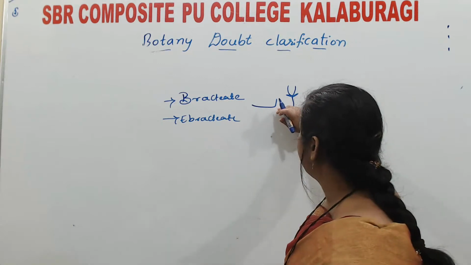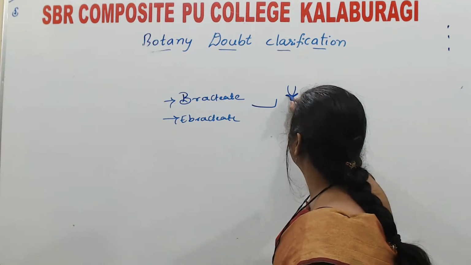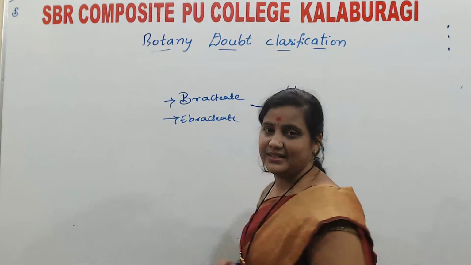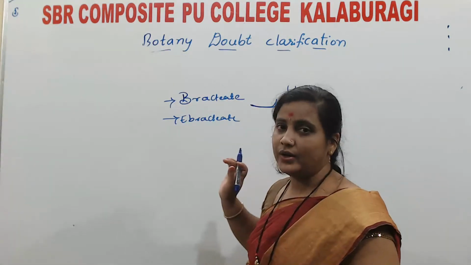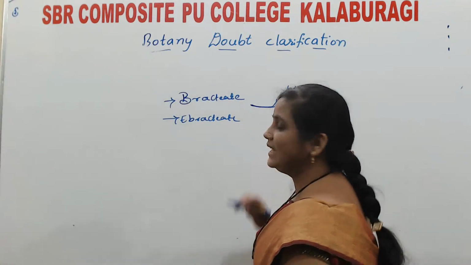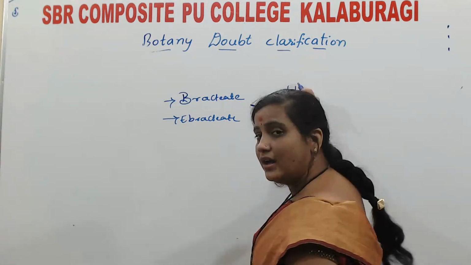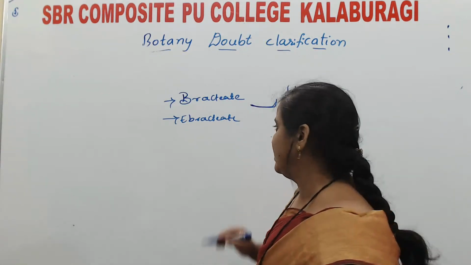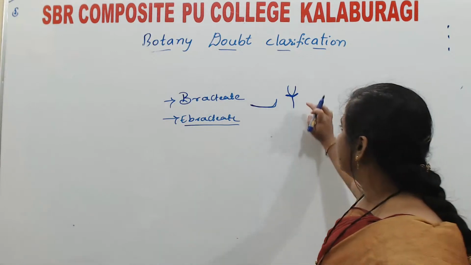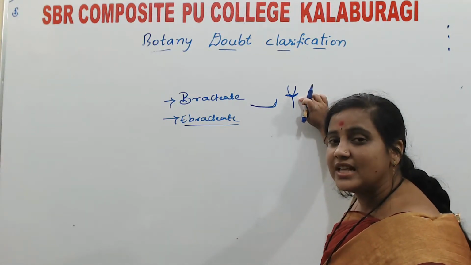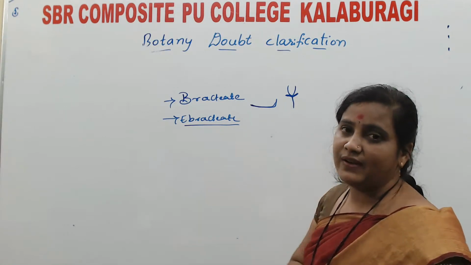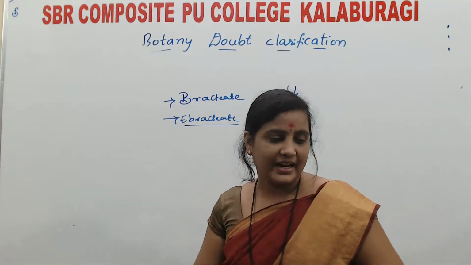Such flowers are known as bracteate flowers. Example: bougainvillea, which you can also call the paper plant. Whereas in ebracteate flowers, these highly reduced leaf-like appendages are absent. Okay, this is about bracteate and ebracteate.